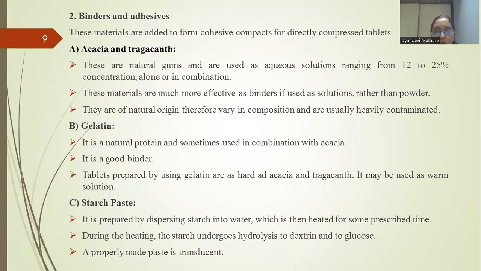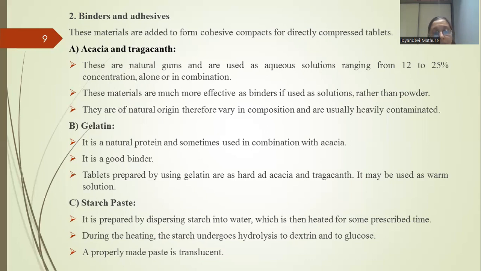The first binder, or first adhesive, used in the preparation of tablet is acacia and tragacanth. Of course we know that acacia and tragacanth are natural gums, and these are used as aqueous solutions ranging from 12 to 25%, alone or in combination. These materials are much more effective as binders if used as solution rather than powder. So we are not using acacia and tragacanth in the powder form.